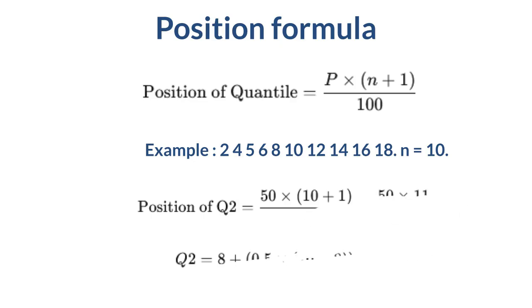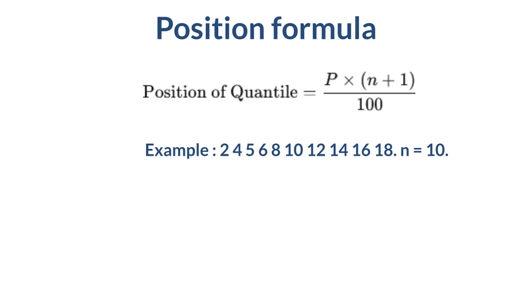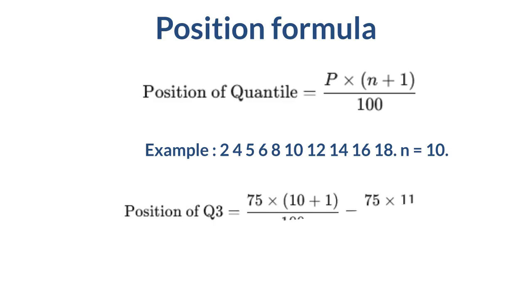The median is 9. Q3, third quartile, 75th percentile. Position of Q3 equals 75 times the quantity 10 plus 1, divided by 100, equals 75 times 11 divided by 100, equals 8.25. Since 8.25 is not a whole number, we interpolate between the 8th and 9th data points, 14 and 16.